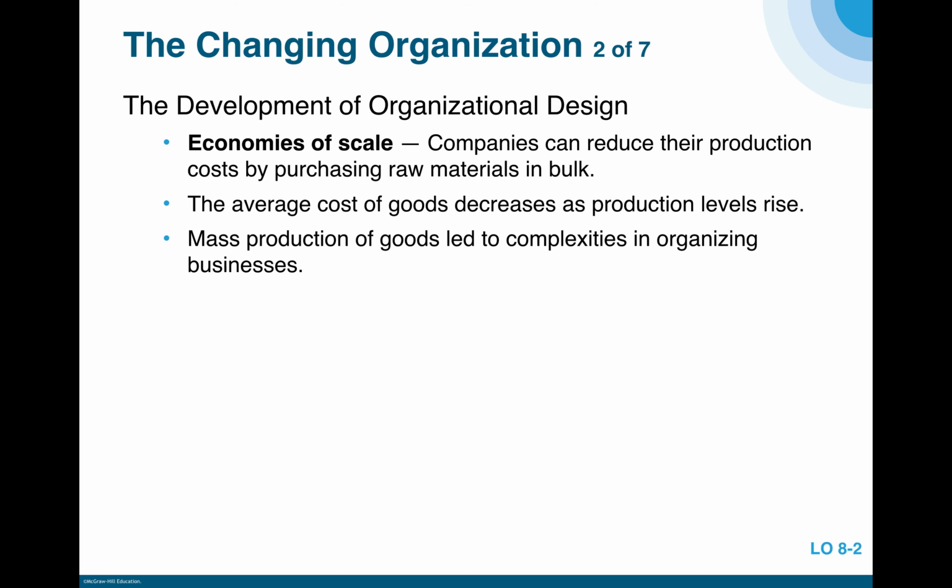And as they started to do it, more companies started to notice it and be like, oh yeah, we can start to do that too. And that's why we're starting to see more of these box stores that are selling things really cheap and getting rid of the mom and pop stores, just because they don't have the availability to buy things in bulk. The average cost of goods decreases as production levels rise, and then mass production of goods led to complexities in organizing businesses.